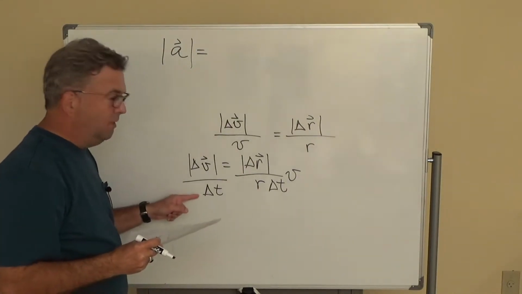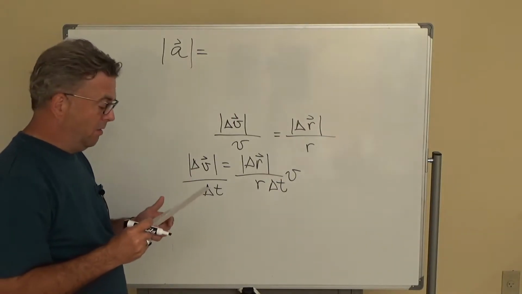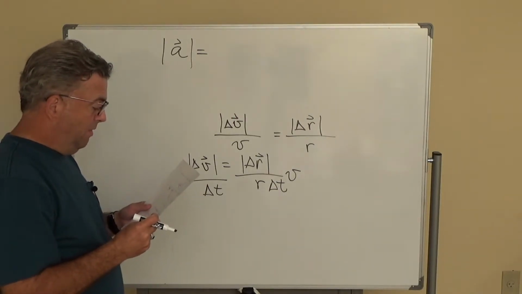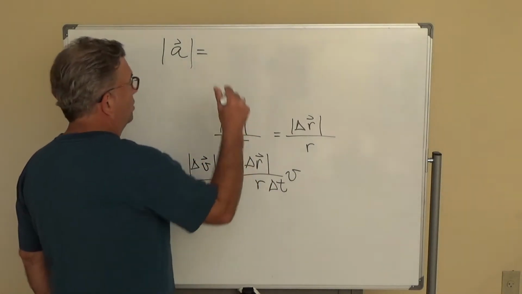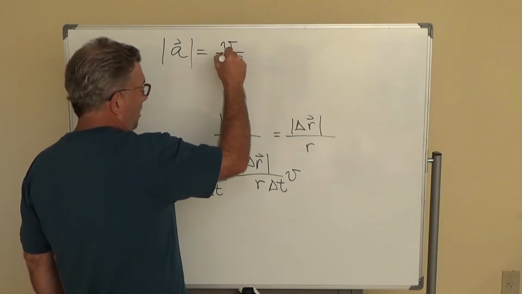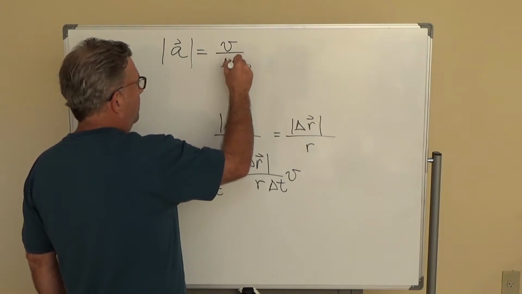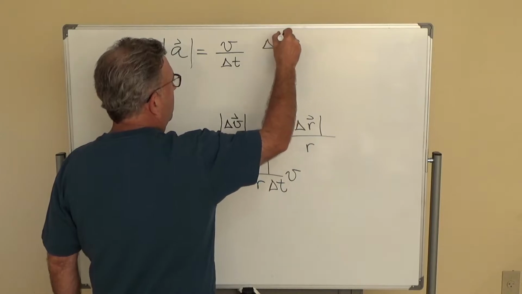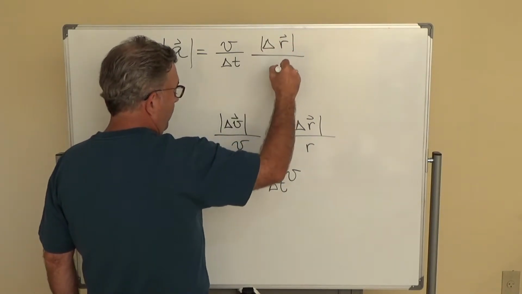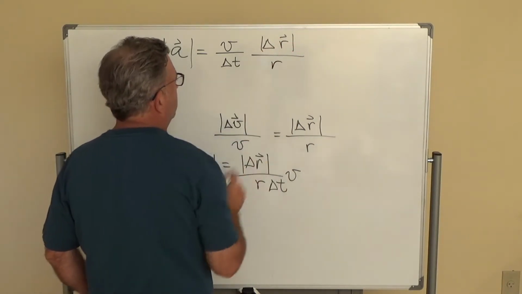Right? That's delta v divided by delta t. That is acceleration. Then on the right-hand side, you're left, well, I'm going to change this around a little bit. It's v divided by delta t times delta r divided by r. Okay?